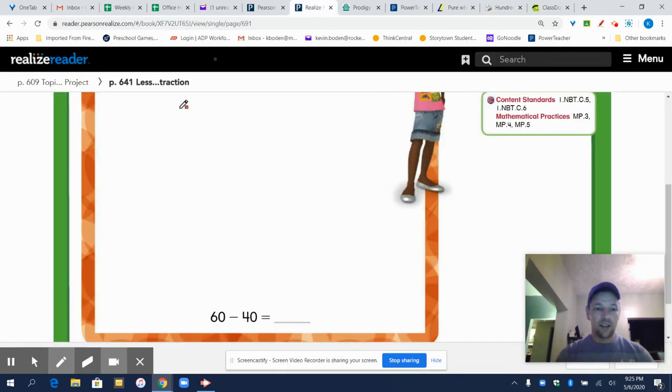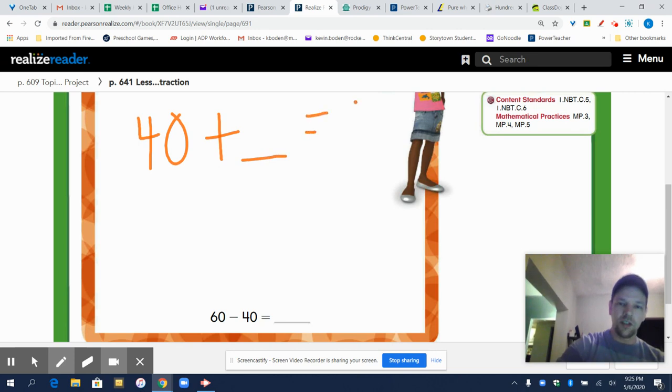Let's do it the last way, which is the way we talked about yesterday. We can do it 2 more ways, 60 minus 40. One way to think of 60 minus 40, you can flip it around and use your related facts by saying 40 plus what equals 60? Well, 4 tens plus how many more tens equals 6 tens?